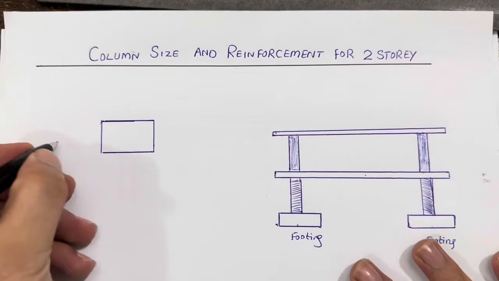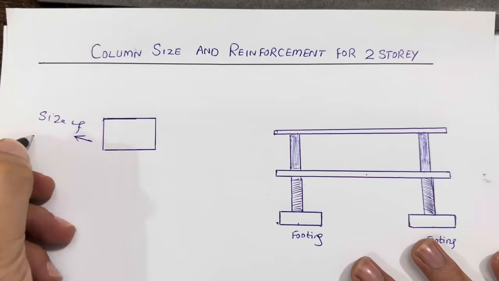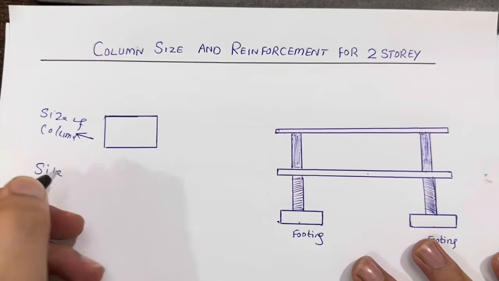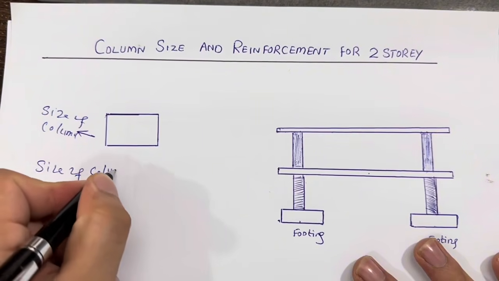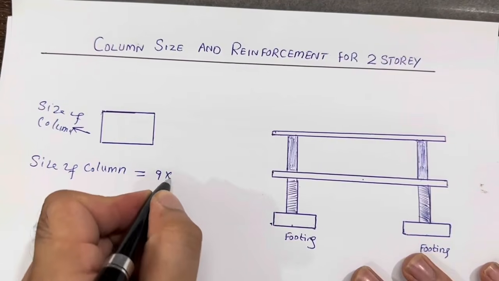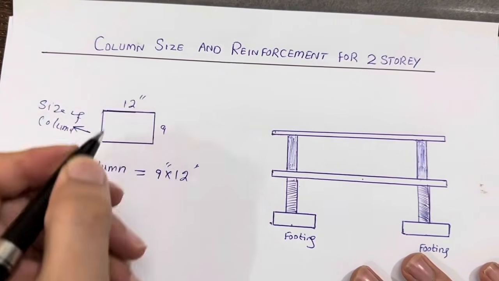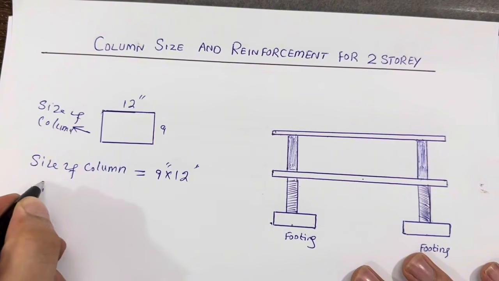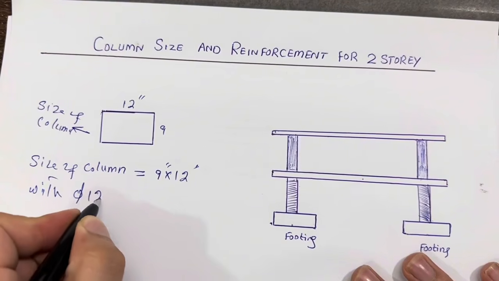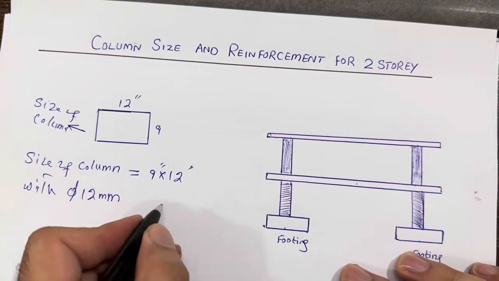Guys, you can see the first one is specially for the size of the column. So remember guys, the size of the column for a two-story residential building should not be less than 9 by 12 inches, with 12 millimeter dia steel rod and 6 numbers.